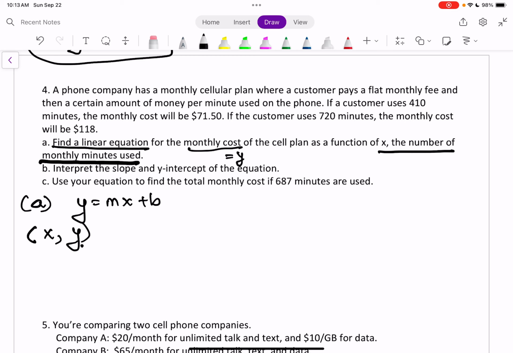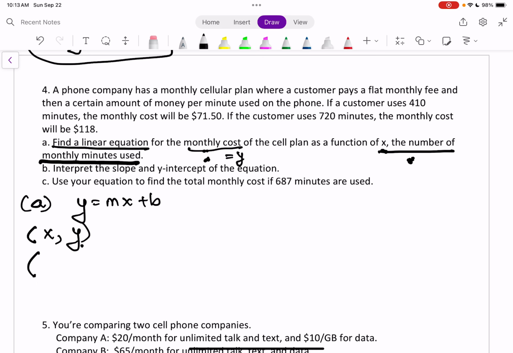So in other words, that's your Y. So the monthly cost depends on the number of minutes used, right? So that's your dependent variable, your Y. X is your independent variable. That's the one that changes. And depending on this X, on the number of minutes used, you're going to get a monthly cost.